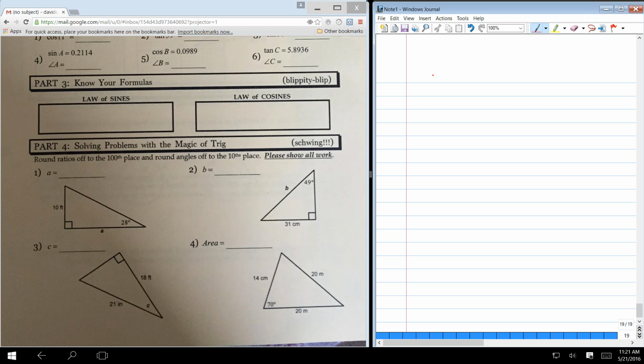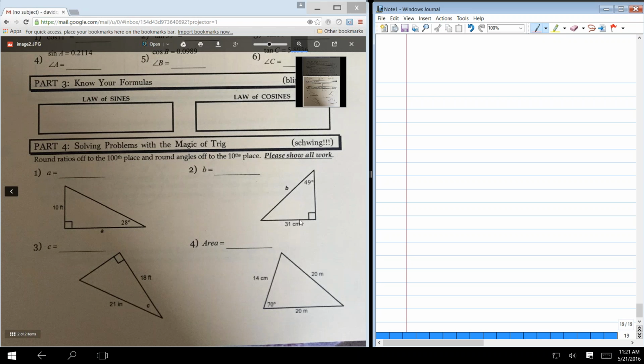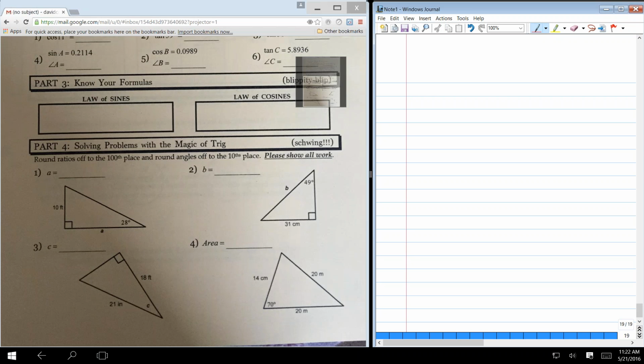So we have another opposite and another adjacent. B is not adjacent. We have an opposite and we have a hypotenuse.